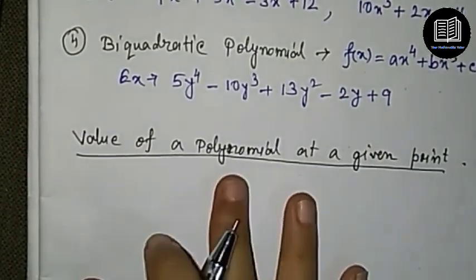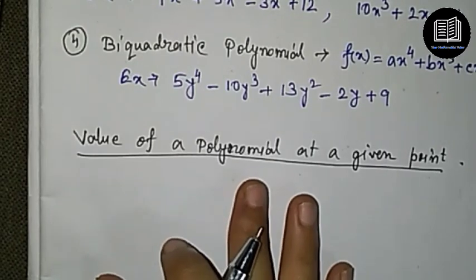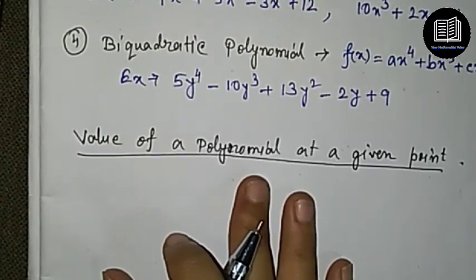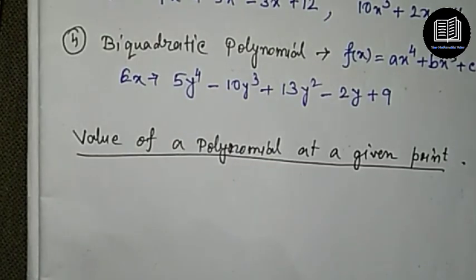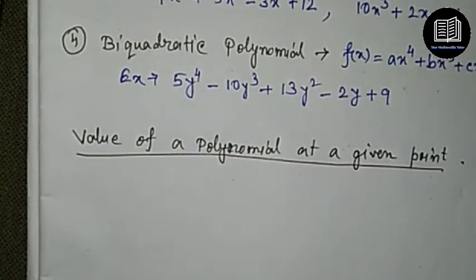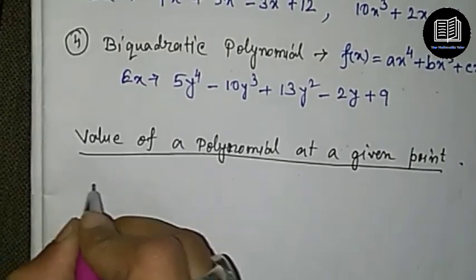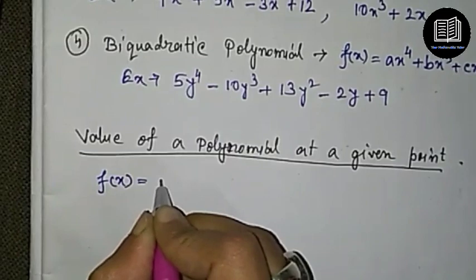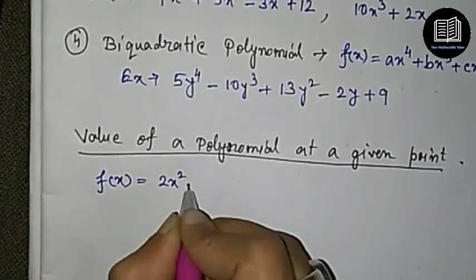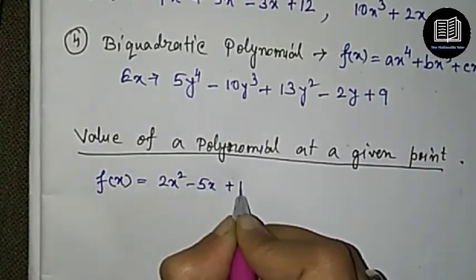Suppose there is a given polynomial and you are asked to find the value of the polynomial at a given point. This is a very easy fact. Suppose there is a polynomial f(x) equals 2x square minus 5x plus 13.